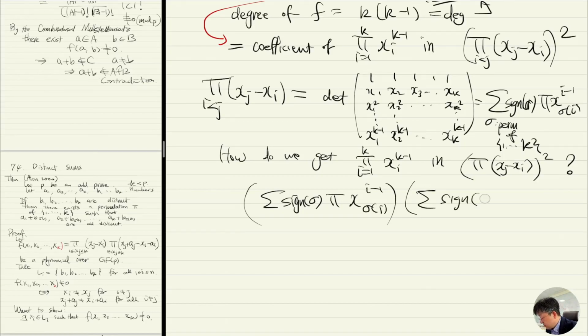Let me use different, so here this is the first term and this is the second term. So now here is a tau product, x tau i and i minus 1.